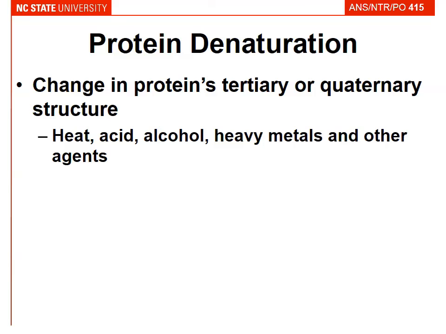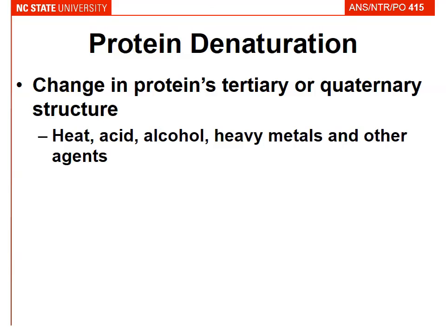And proteins are typically denatured when we are breaking down their tertiary or quaternary structure, and this occurs when they are subjected to heat. So when you are boiling your egg, it's pretty hot, so that's denaturing the protein. You're breaking those sulfide bonds and some of the hydrogen bonds.